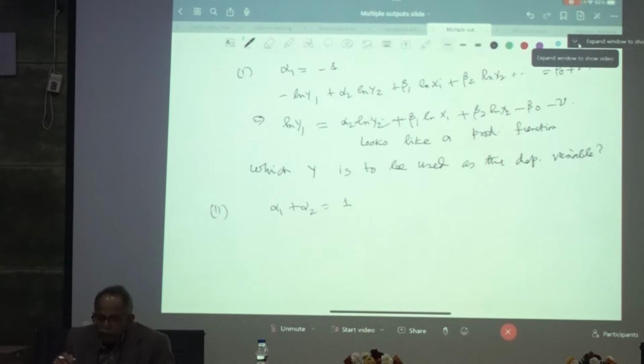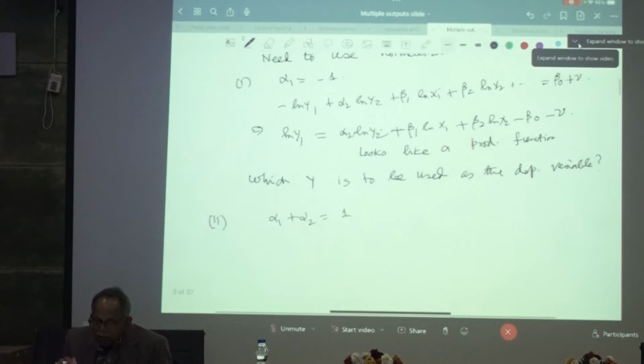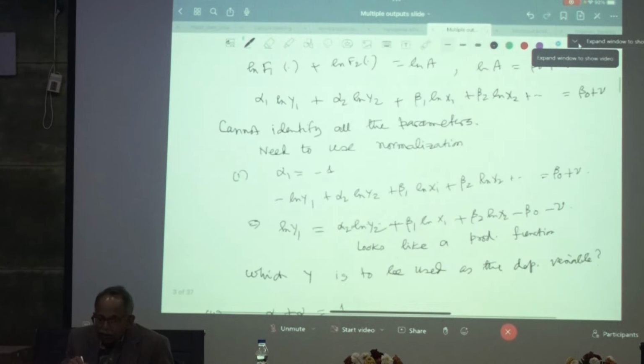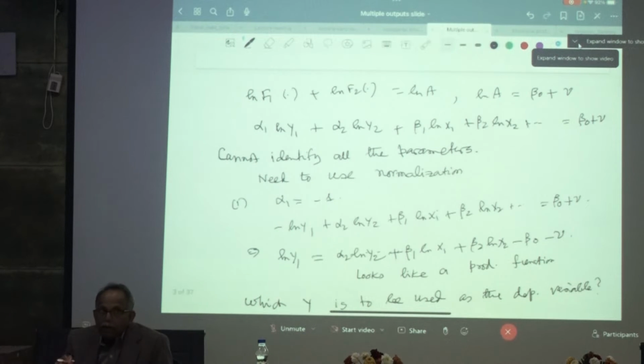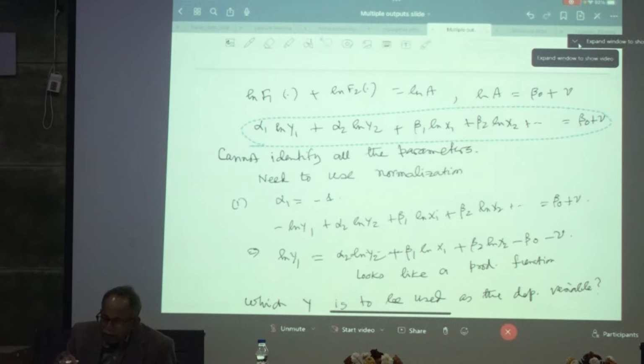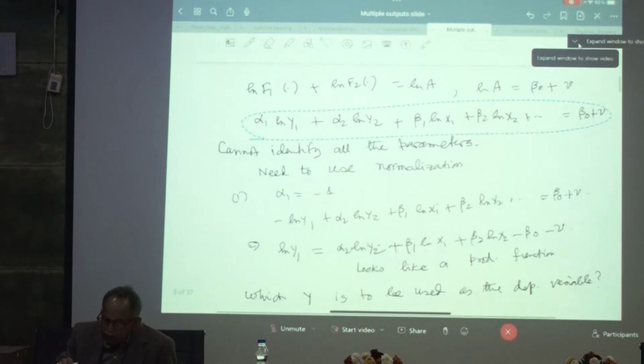Okay, so let's just work it out. If alpha 1 plus alpha 2 is equal to 1, then you can just go back to this function and write it out differently. Let me go back to this part in here.